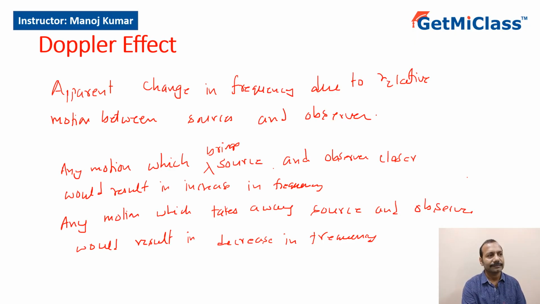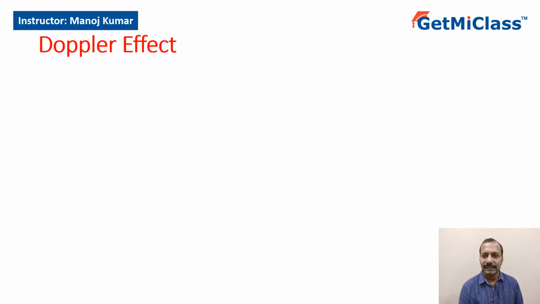So we can say it is the master formula of the Doppler effect. It says the apparent frequency, I'll say f dash, or I'll say f, equals f naught into v plus or minus vo, by v minus or plus vs. This is the formula.